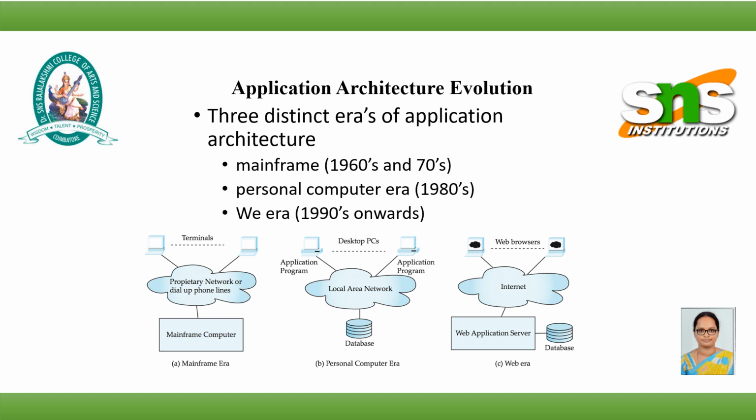We have web browsers connected through the network, and a web application server is connected with the database. By this, we are connecting different applications. Nowadays, we are dealing with applications, but storing information through the network on a cloud.